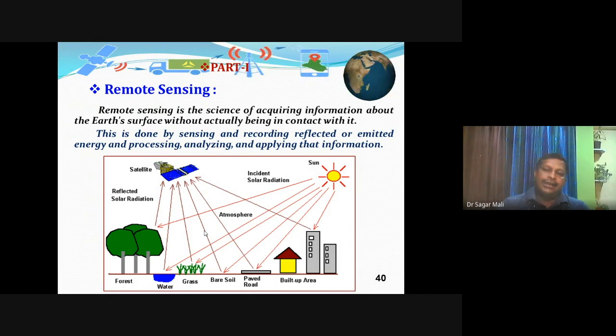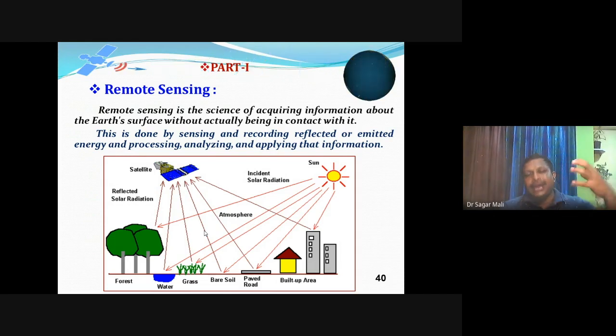But after interaction, earth objects emit their own radiation, which is called earth terrestrial radiation. That radiation again interacts with the atmosphere while being emitted, and it reaches the sensor in the satellites. That sensor receives the signals from the object and saves them in the form of a digital number or brightness value. That brightness value, the digital number, is sent back to the ground station for processing.